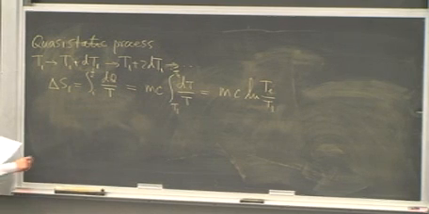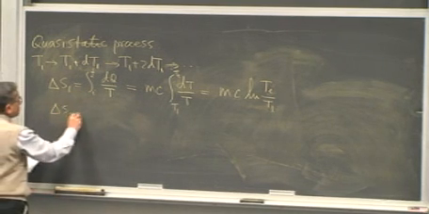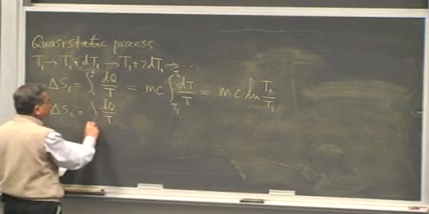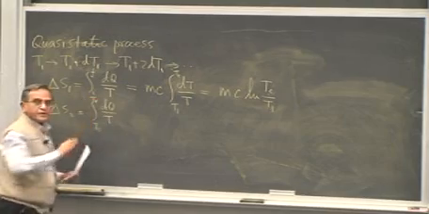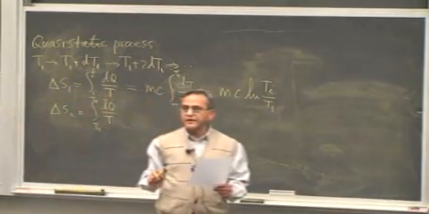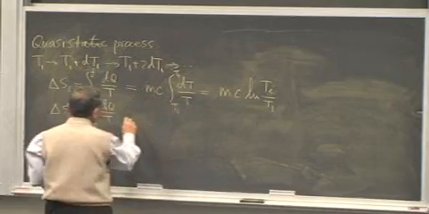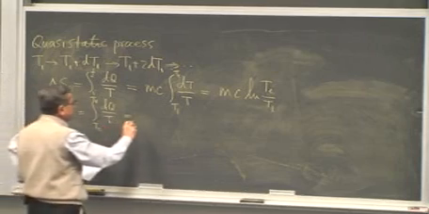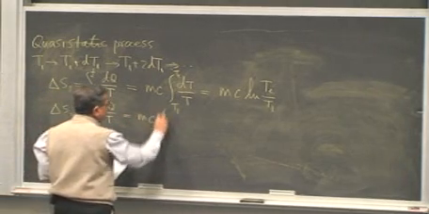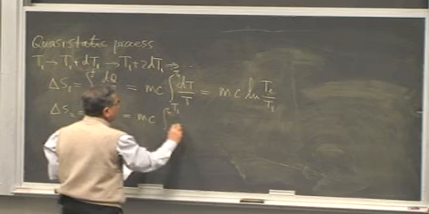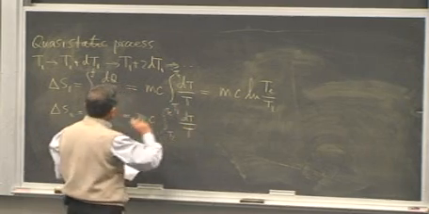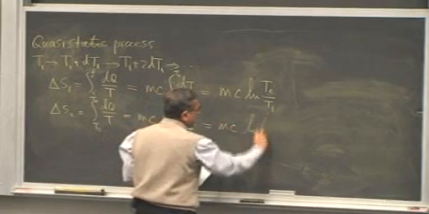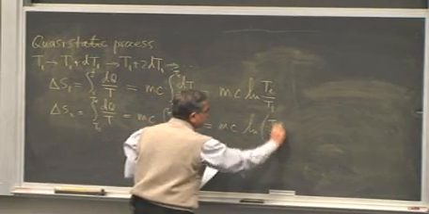Delta S2 is going to be again dQ over T, this time from T2 to Te. The second block also has mass m and heat capacity C, so this will be mc times the integral from T2 to Te of dT over T, and that will be equal to mc times log of Te over T2.